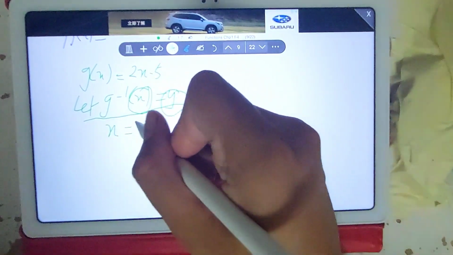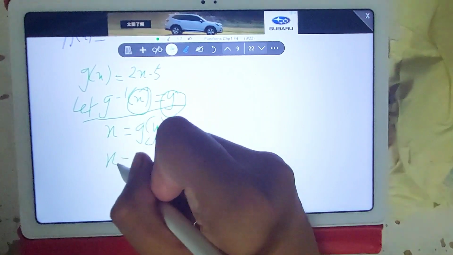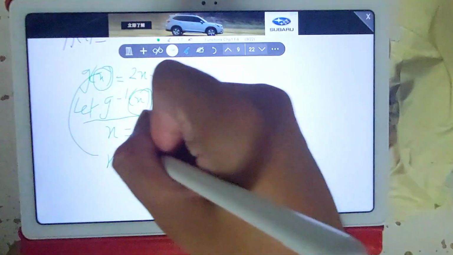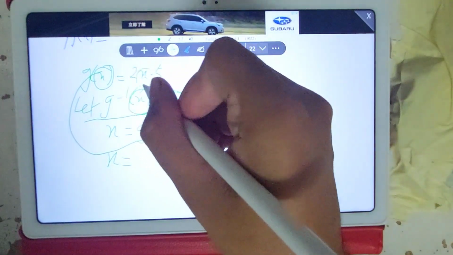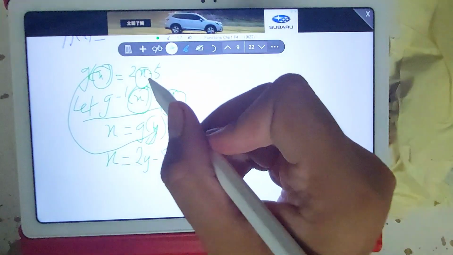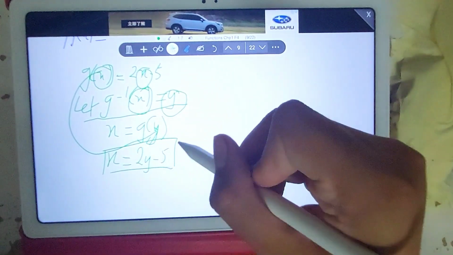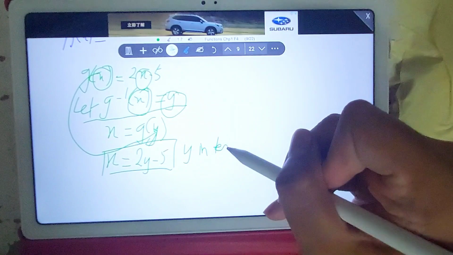So you will get x is g(y). So then you're going to substitute this x here with the y over here. So that's why the equation on the right hand side on top will be expressed in terms of y. And what's our goal here is to express this equation, y in terms of x.